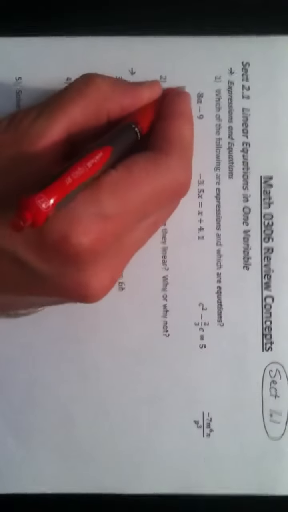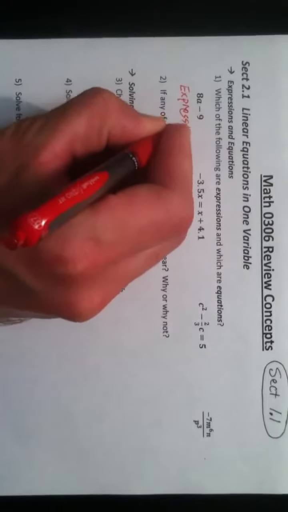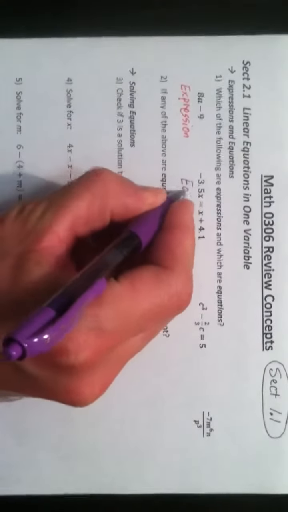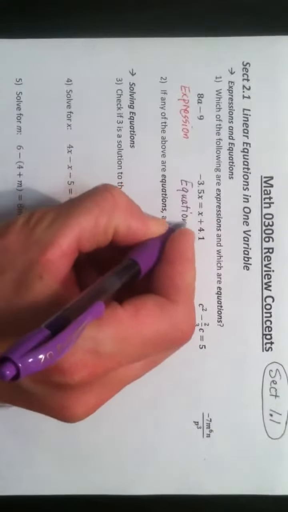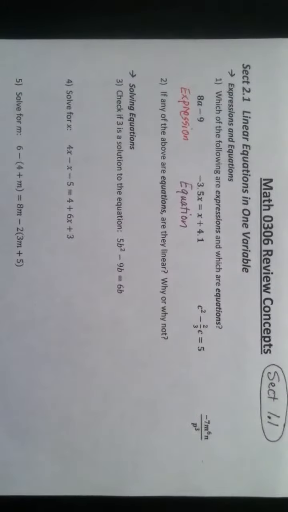So in this first couple of examples, which are expressions and which are equations? Well, no equal sign in this first one, 8a minus 9. So that's an expression. The next example has an equal sign in it, so that's an equation. The next example after that also has an equal sign, that's an equation.